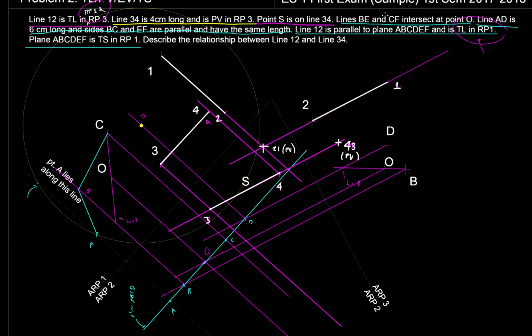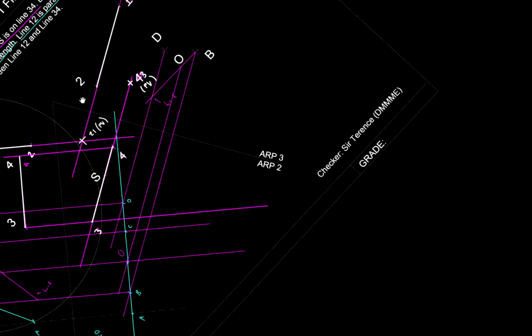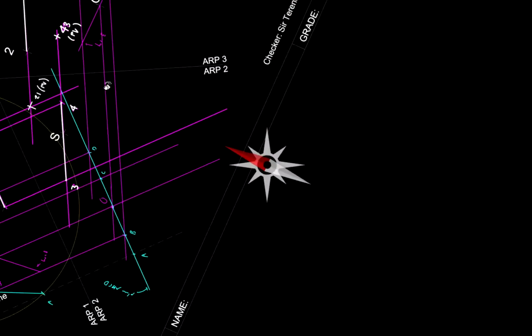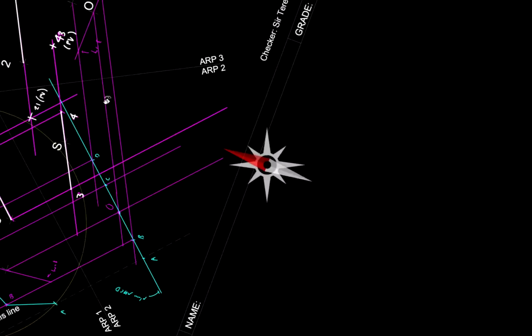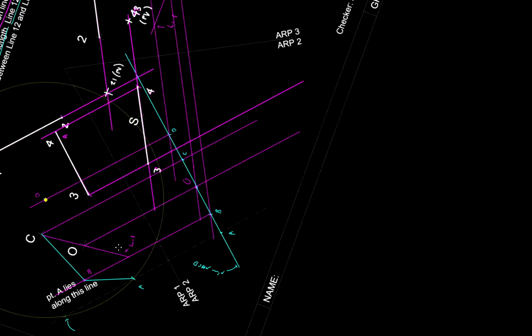Kasi sabi sa pinaka first instruction, one of the first few instructions, BC and CF intersect at point O. So, I can make a line passing through B and O. If I do this, yan.